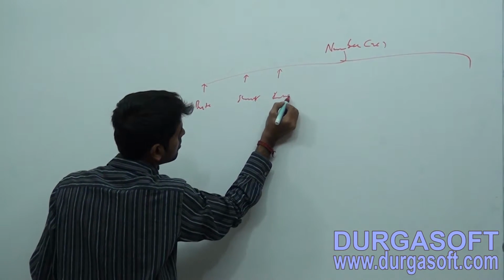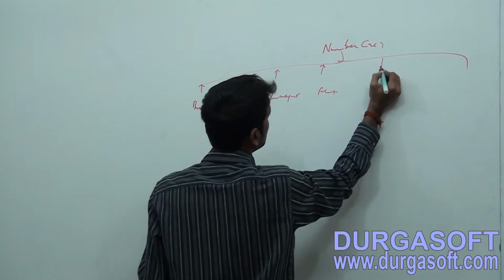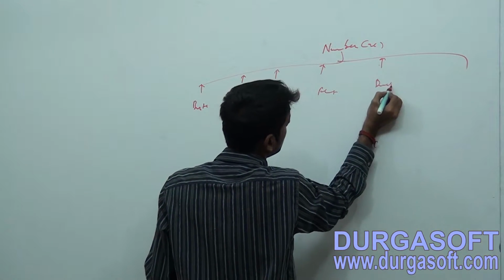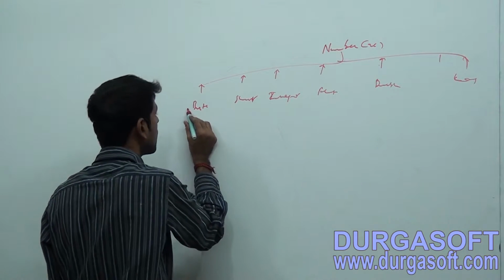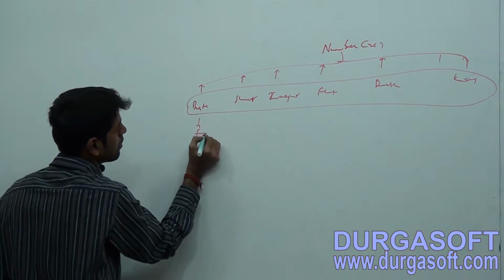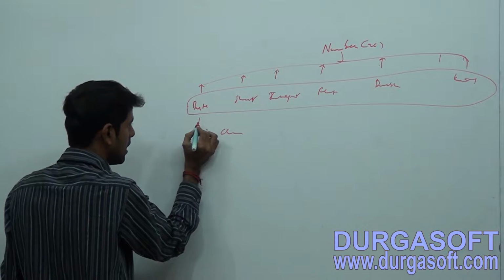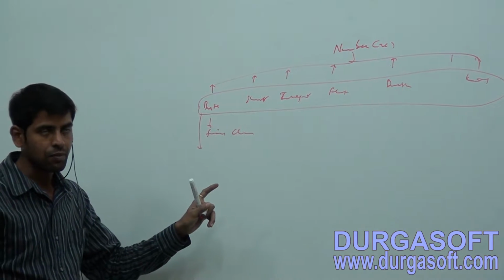Float, double, and the other one is long. All these classes are final classes.